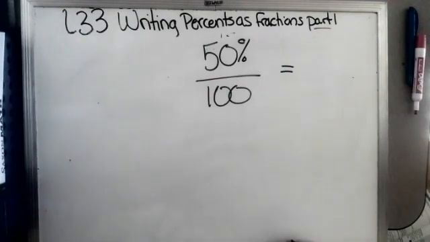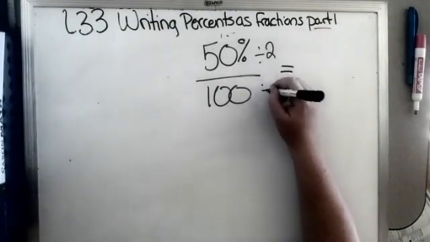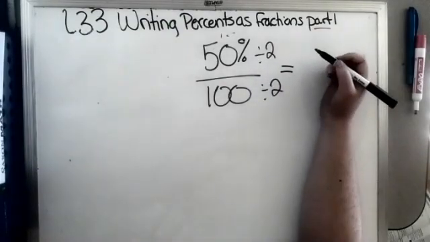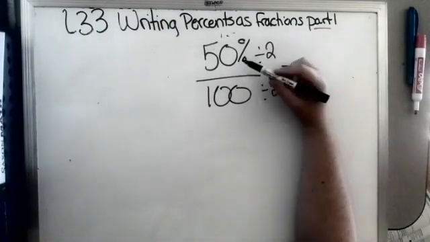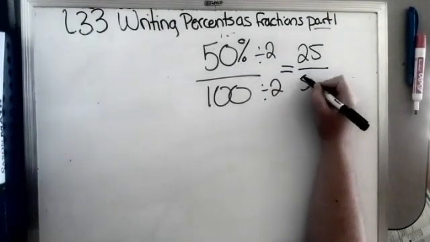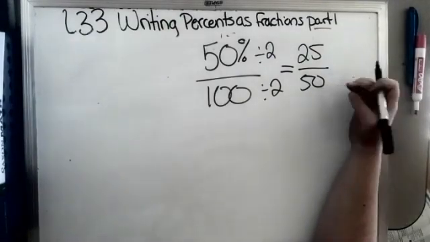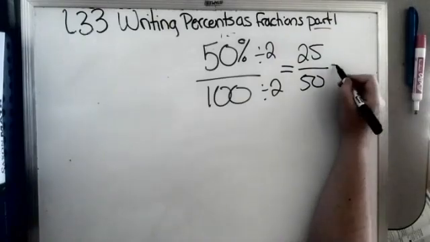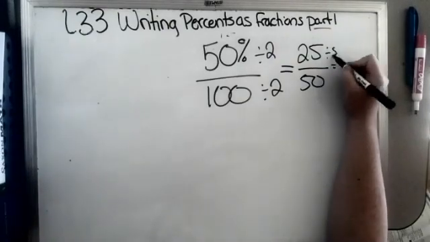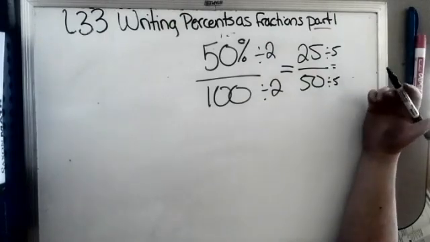If you don't know what the greatest common factor is, sometimes you just go with what you know. I might be wrong, I might be right. Let's find out. 50 divided by 2 is 25. 100 divided by 2 is 50. Hey, wait a minute. That ends in a 5 and that ends in a 0. I can go more. So this one I'm going to divide by 5, because I know with one ending in a 5 and the other ending in a 0, both of them are divisible by 5.